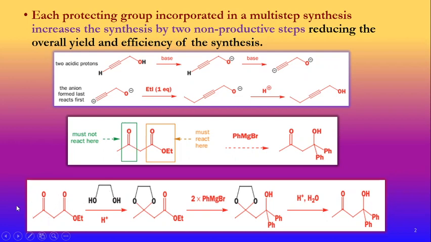Here for protection of the ketone we use a diol in the presence of acid. This is the protected form of this ketone, and then we do the reaction of this ester molecule with two equivalents of phenyl magnesium bromide, and after hydrolysis we get our desired product. This is the importance of protection.